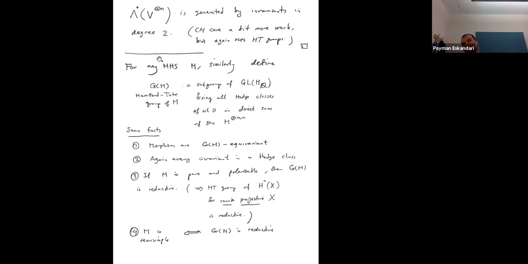And this will imply that all Hodge classes here, all of these invariants, are generated by degree 2.